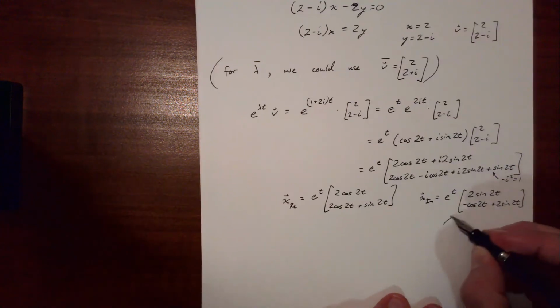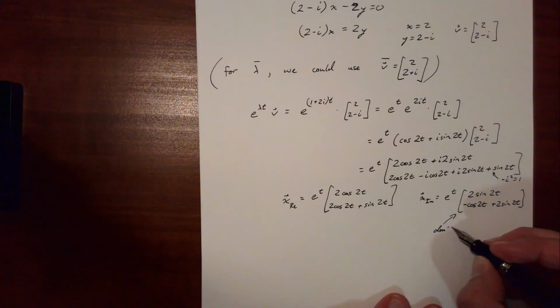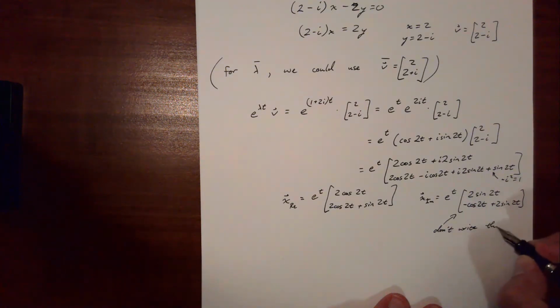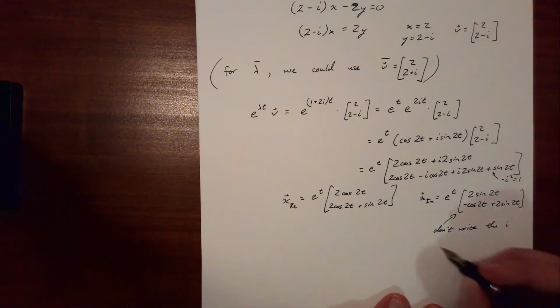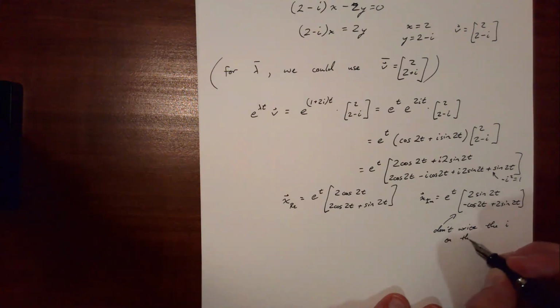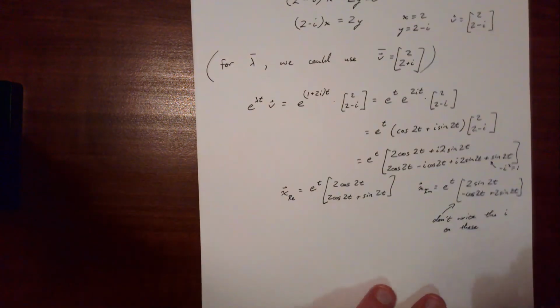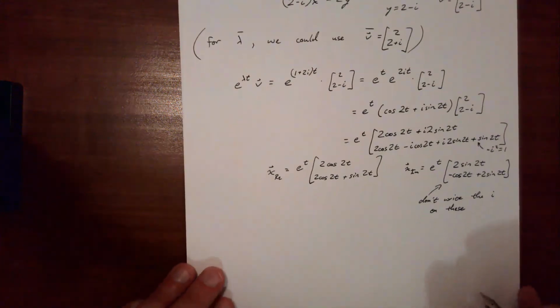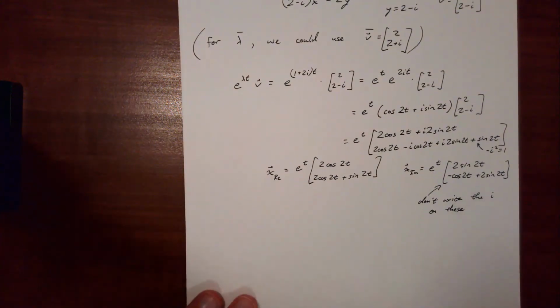And we don't write the i on these. The imaginary part is actually just the part that i is the coefficient of, or in other words, the coefficient of i.